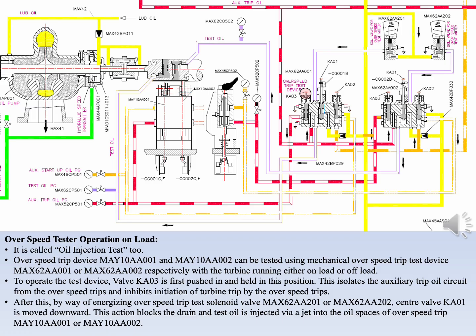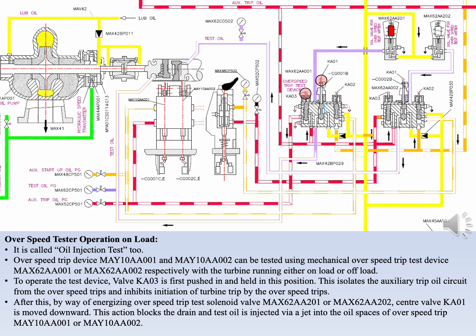After this, by way of energizing overspeed trip test solenoid valve MAX62AA201 or MAX62AA202, center valve KA01 is moved downward.